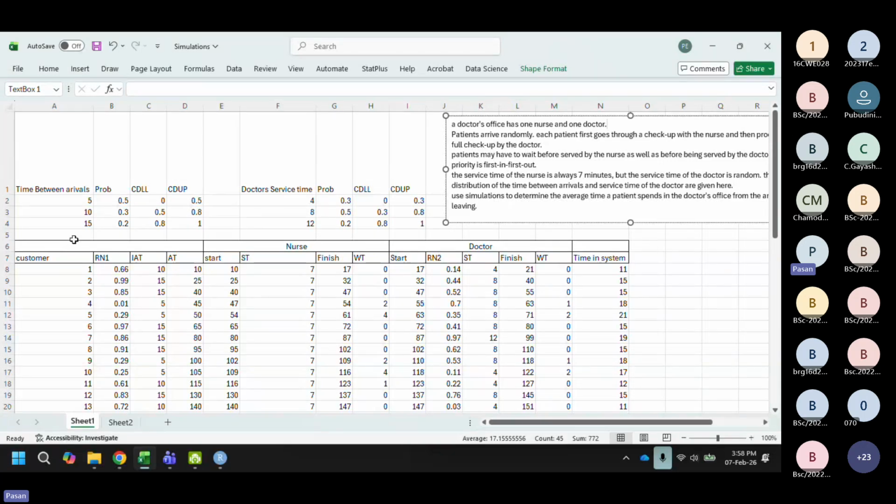We can apply the simulation concepts in different areas. Now I'd like to discuss how we can apply this in deciding some measurements in the queues.